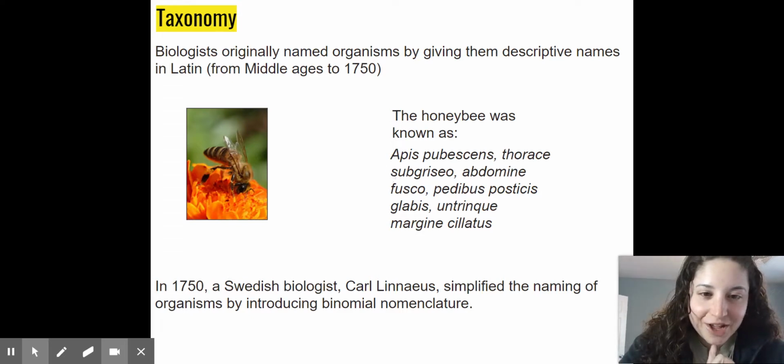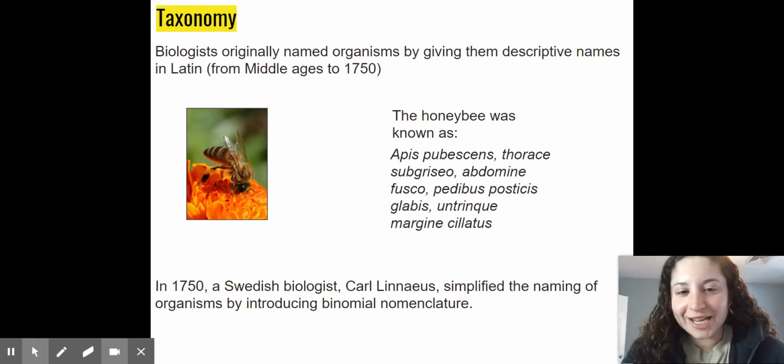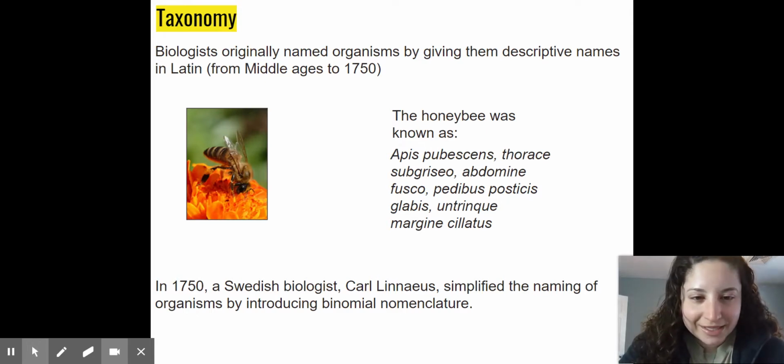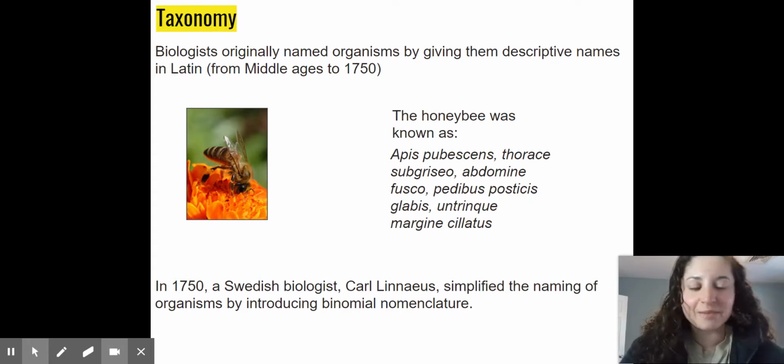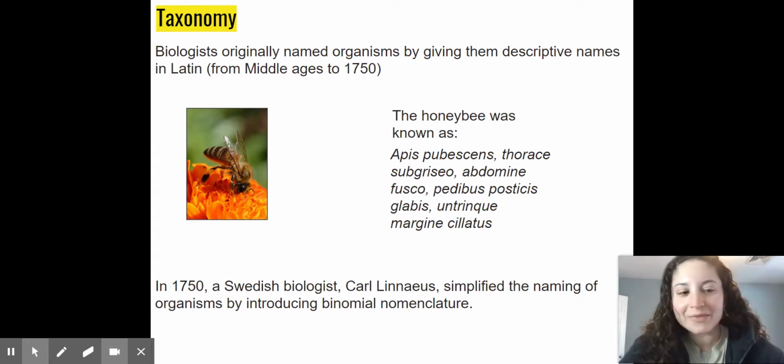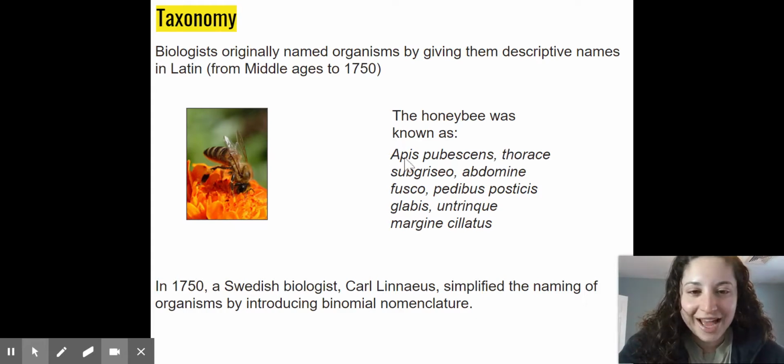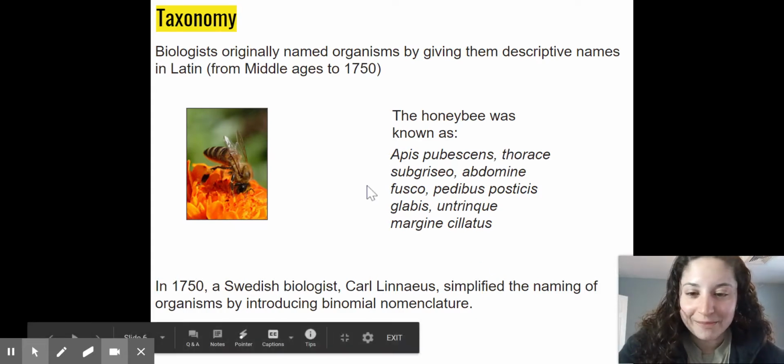So the honeybee, instead of calling it a honeybee, its scientific name used to be Apis pubescens thores subgrecio abdomine fusco pedibus postices glabus untrinque margine silatus. Sounded like some sort of witchcraft spell. But that would be like the name for the honeybee.